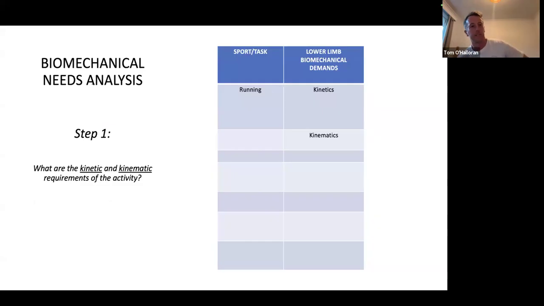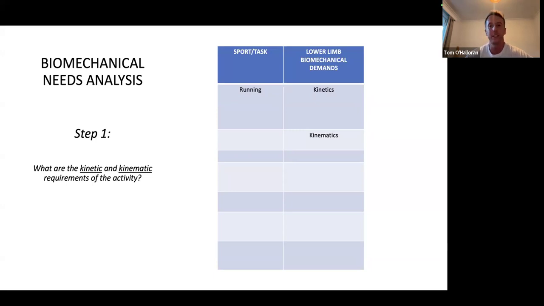So when we do a biomechanical needs analysis, the first step is to understand what the kinetic and kinematic requirements of the activity are. For me, for the lower limb, the biggest activity has to be running. If we're thinking of an active population, I'm always going to think of running, even if it's a soccer player, where obviously there's some change of direction, or a basketballer, a footballer, a netballer.